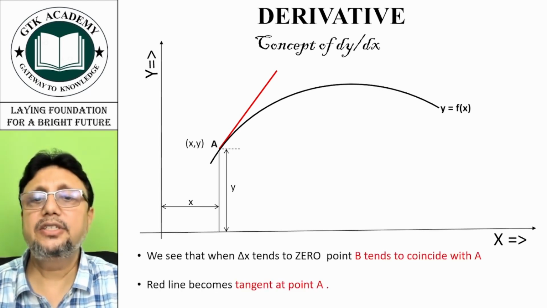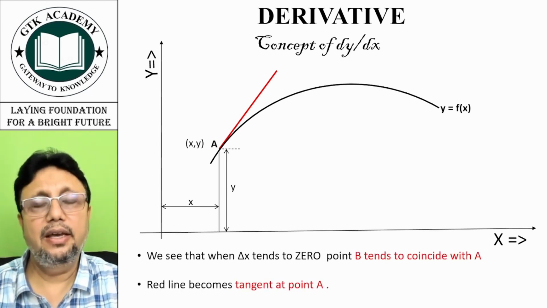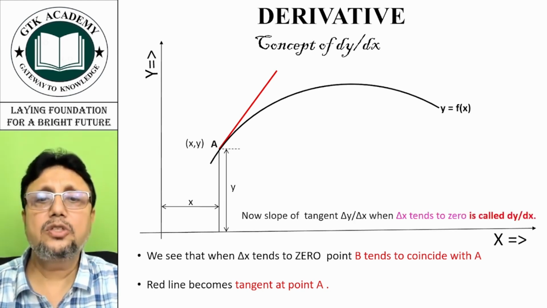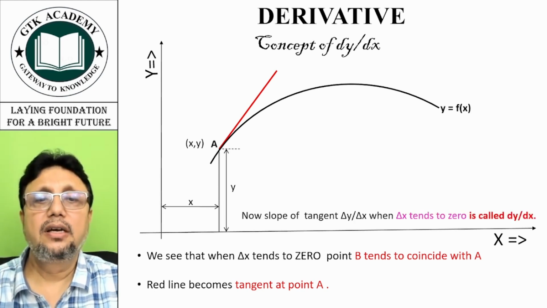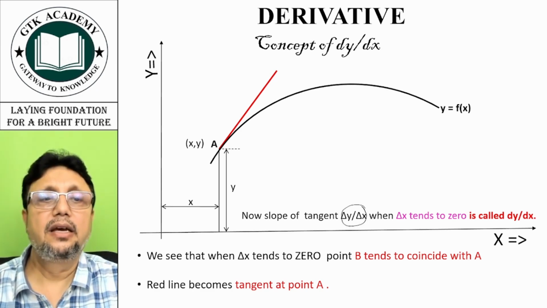The red line becomes tangent at point A. Now the slope of the tangent, delta y by delta x when delta x tends to 0, is called dy by dx.